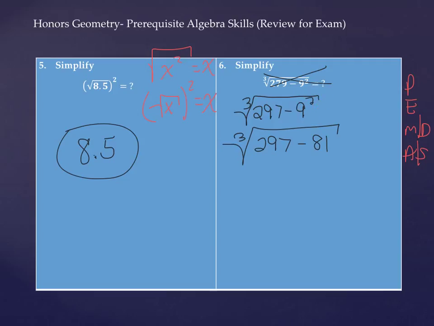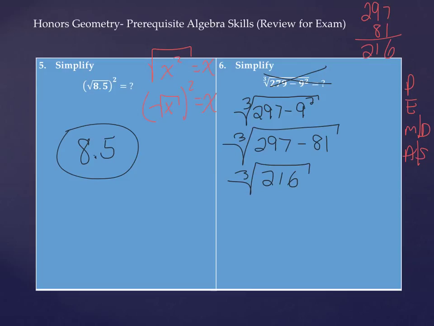Don't turn this into an addition of 81. That is really just squaring the number 9. All right, so 297 minus 81. 7 minus 1 is 6. 9 minus 8 is 1. And we have 216. So let's rewrite this as the cube root of 216.